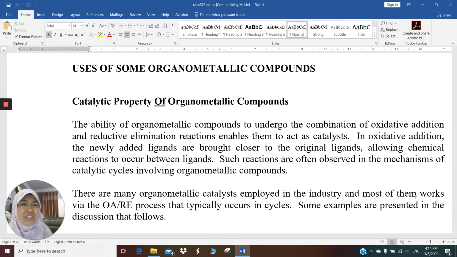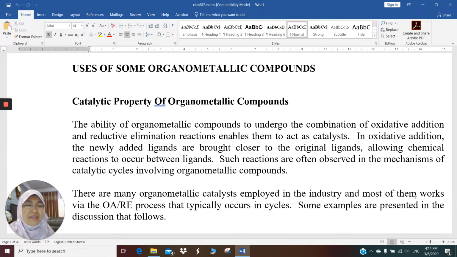The oxidative addition just now, by adding a small molecule into the compound, oxidation will occur to the metal center.